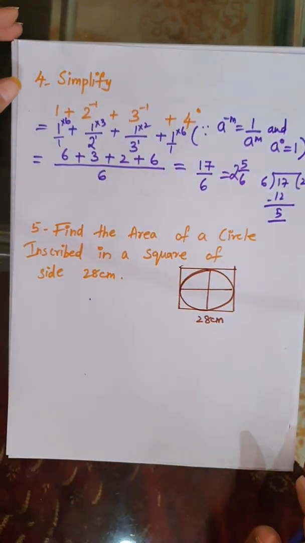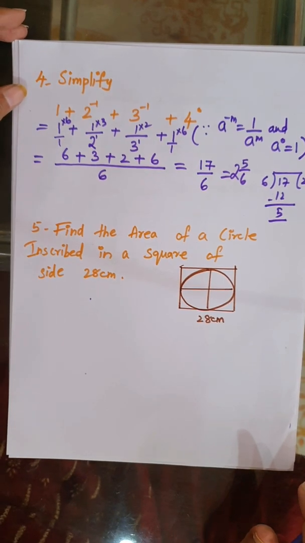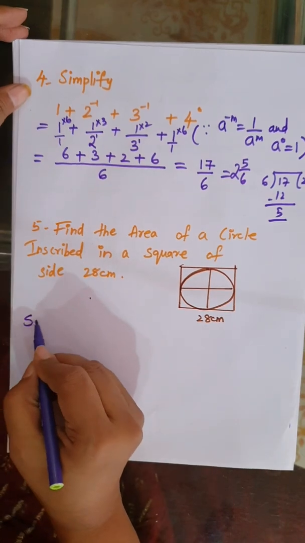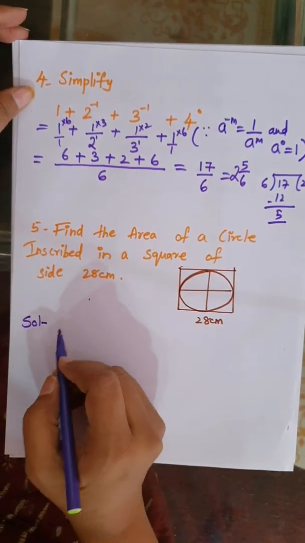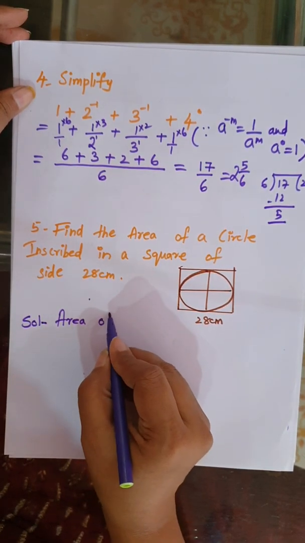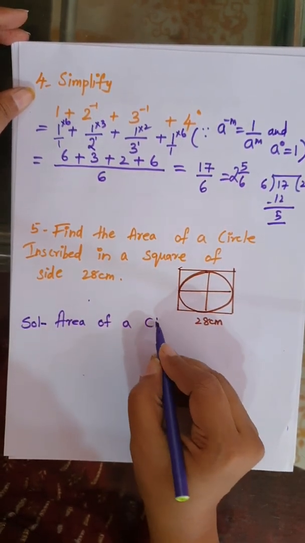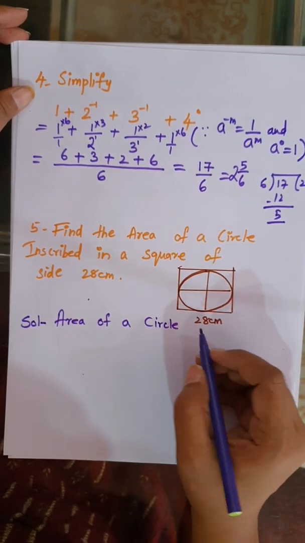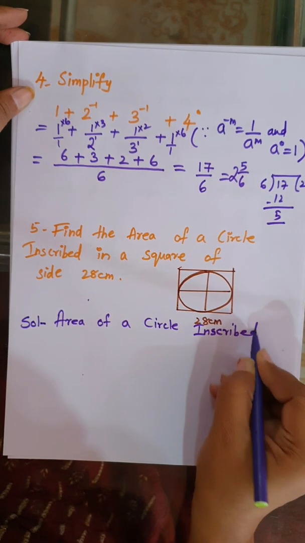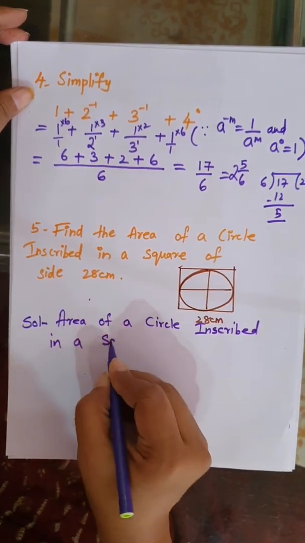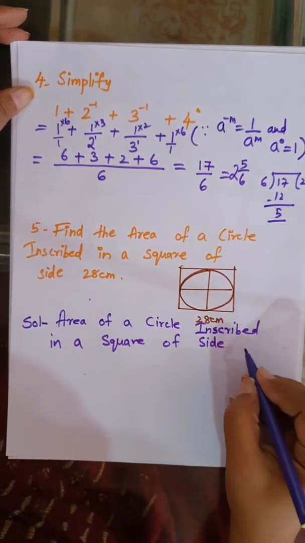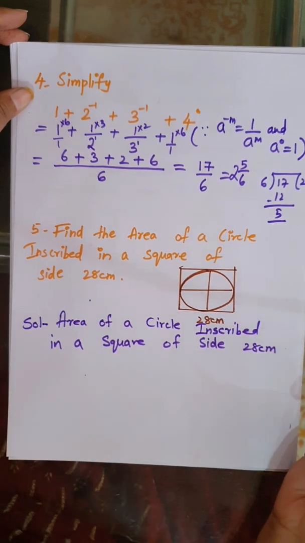Next, find the area of a circle inscribed in a square of side 28 centimeter.